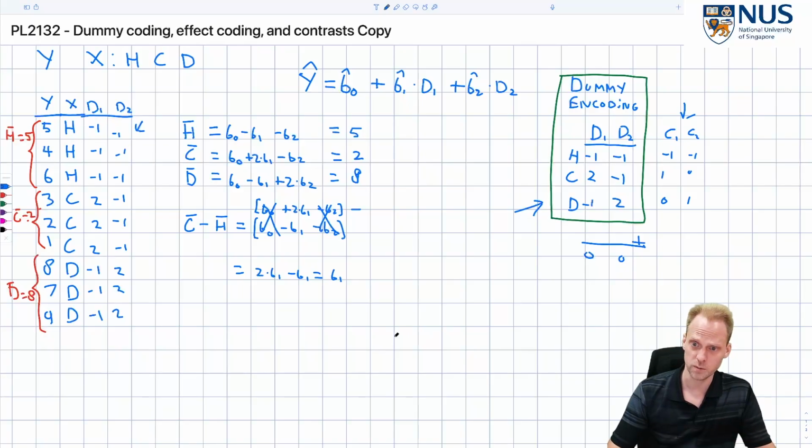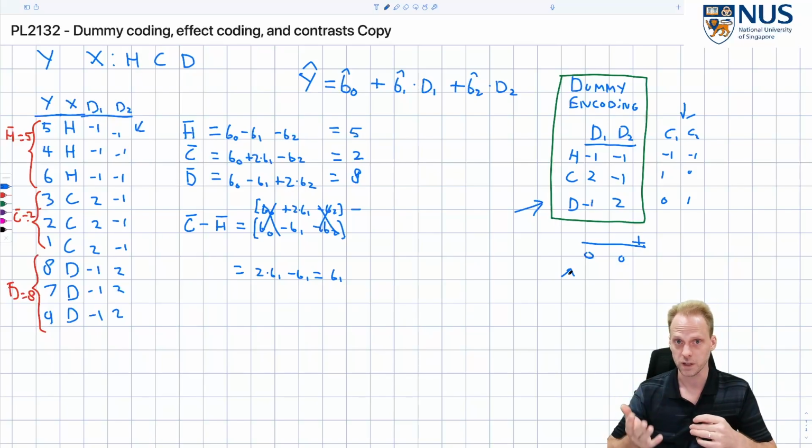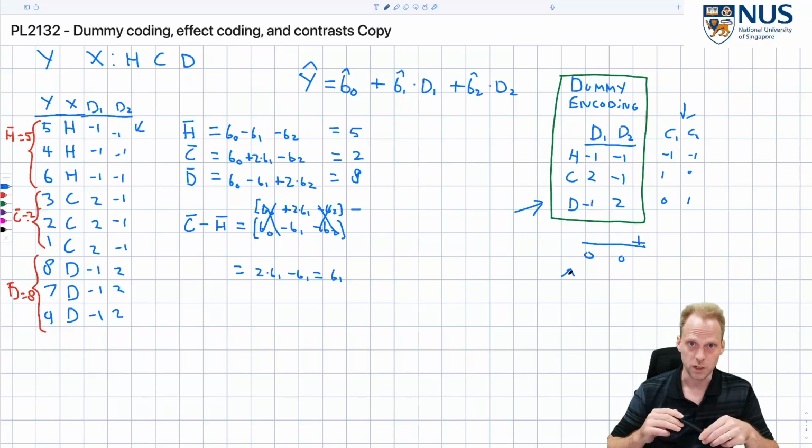The only reason why what we call centering of the dummy variables is important is because if you have a two-way or three-way or four-way interaction ANOVA design with interaction effects, the significance of the main effects would be a bit different if you don't do that. That's really the only reason why that matters.